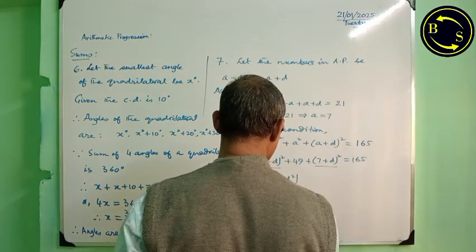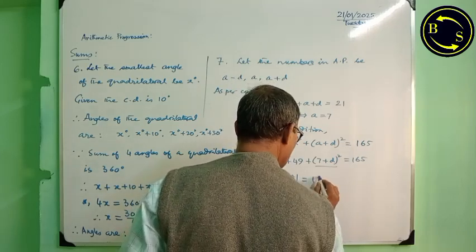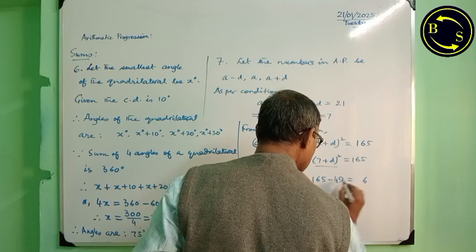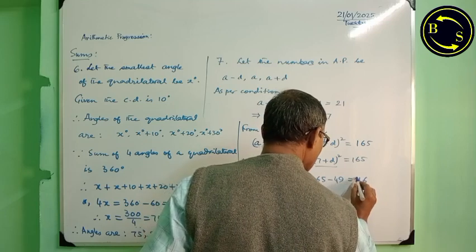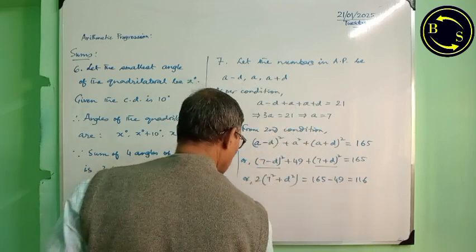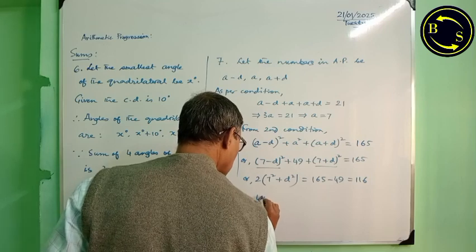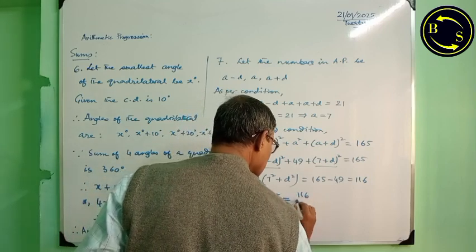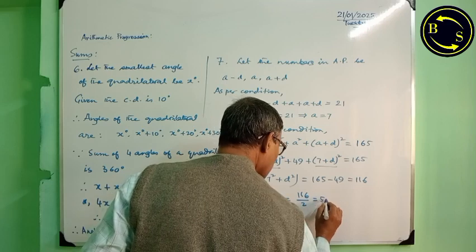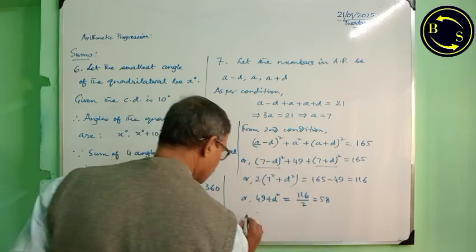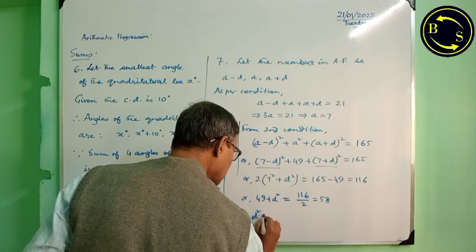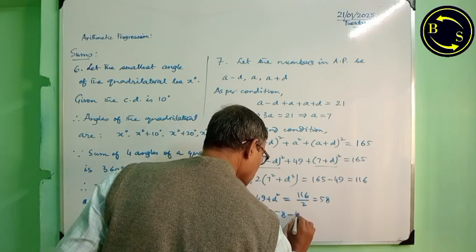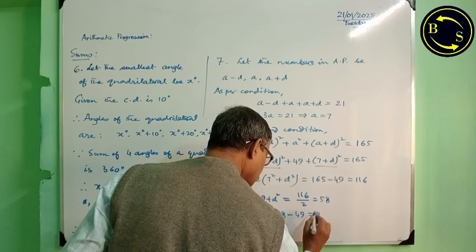We will get 2 into 49 plus d square is equal to 165 minus 49, or 49 plus d square is equal to 116 by 2. Therefore, d square is equal to 58 minus 49, that is equal to 9.